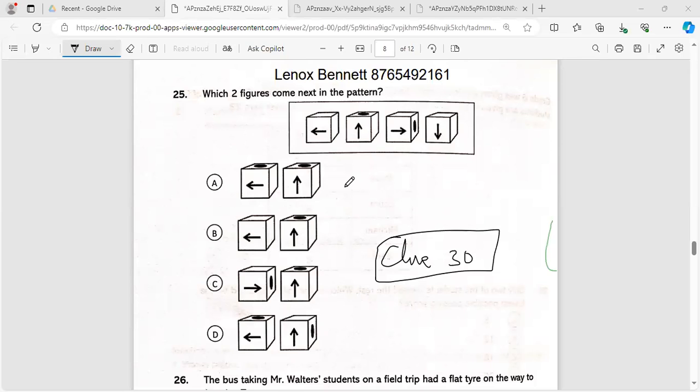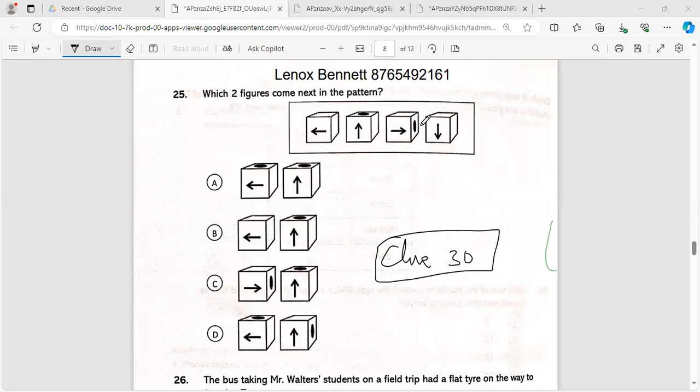Kelly Jackson wants to say something, guys. Go ahead, Kelly Jackson. Sir, I'm saying that the answer is B because the first pattern goes side and up and side then down, so you should continue it. In A, the circle at the top doesn't show the pattern.